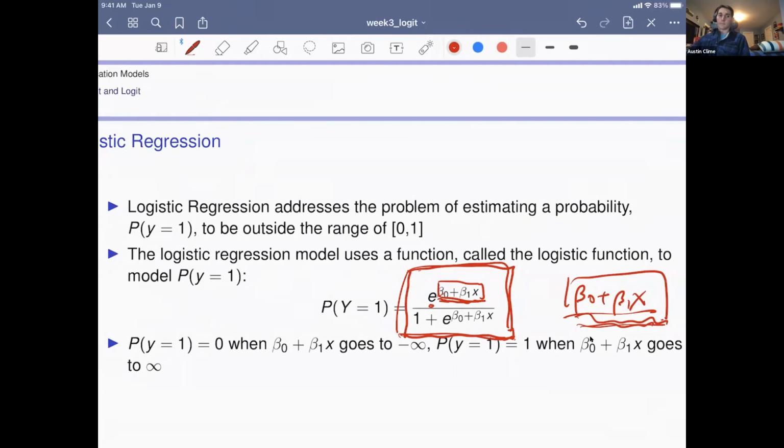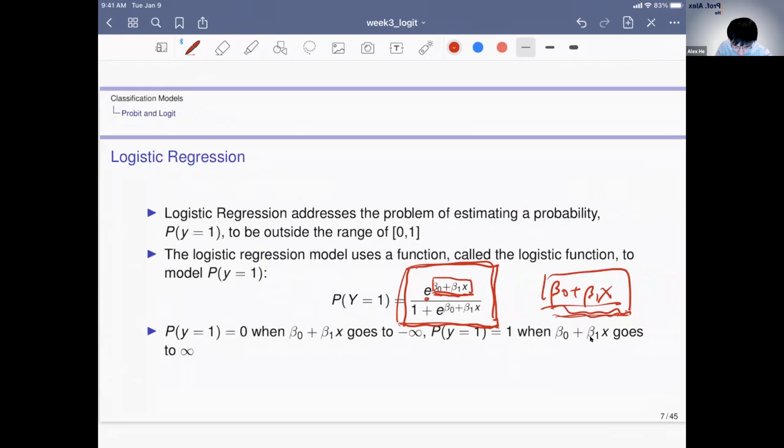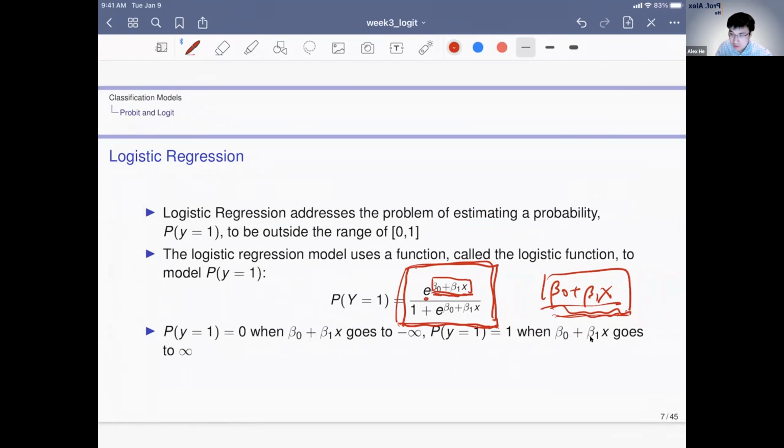Tend to 0, exactly. So 0 divided by 1 plus 0 is equal to 0, right? So the prediction would be 0 if it goes to negative infinity. And if it goes to positive infinity, the numerator goes to infinity, so infinity divided by 1 plus infinity is equal to 1, right? Because that 1 plus is negligible compared to infinity.